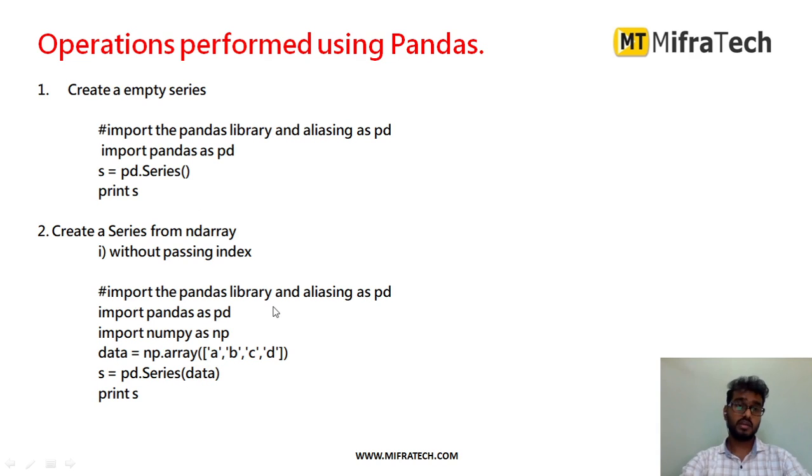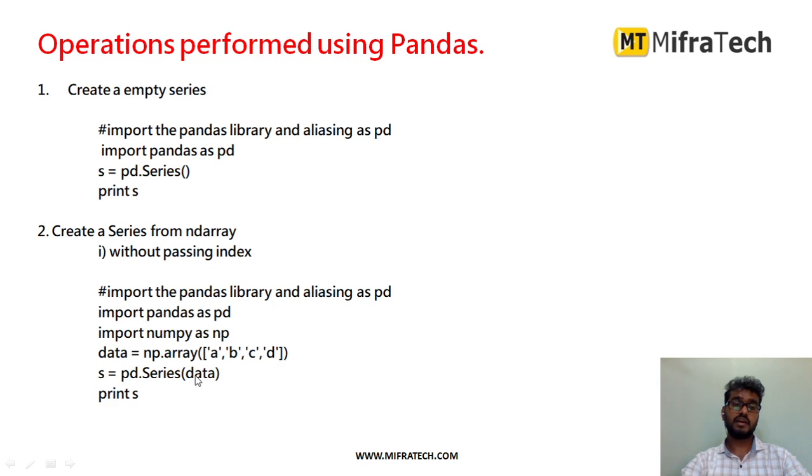Let's see how to create a series from an n-dimensional array. As I told in my previous NumPy library section, we use the NumPy library to create an n-dimensional array. First we import both pandas as pd and NumPy as np. Using NumPy, np.array will create that array.